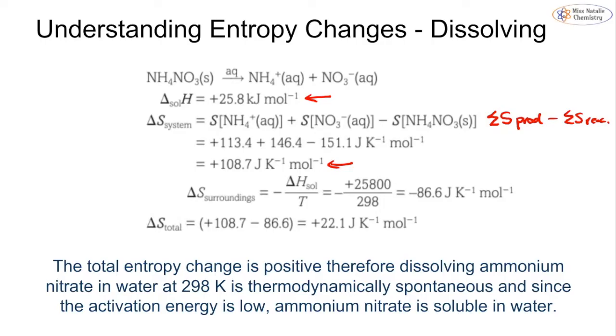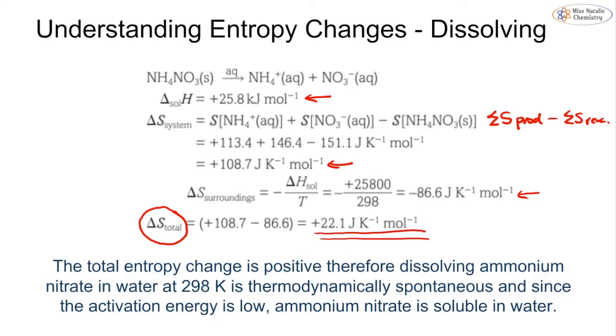I can determine my entropy of surroundings using my enthalpy value, and I get a value of minus 86.6. I substitute that into my equation to work out my total entropy, and I get a value of positive 22.1 joules per Kelvin per mole.